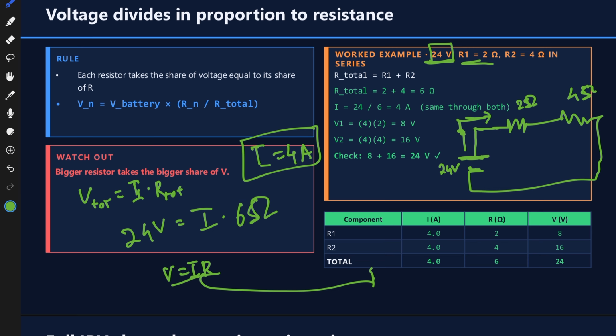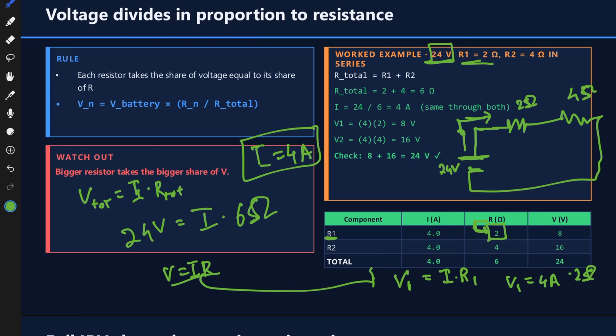So V1 for resistor 1 is going to be I times R1. Or in other words, V1 is the current, which is always the same, 4 amps, times R1, resistor 1's resistance, which is 2 ohms.